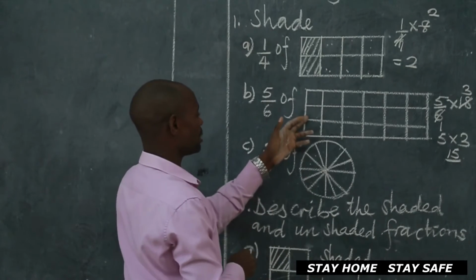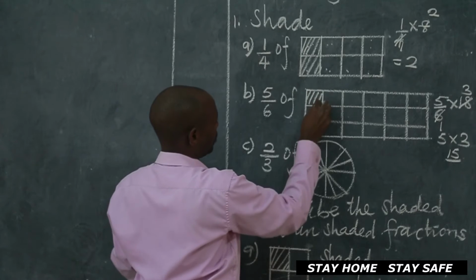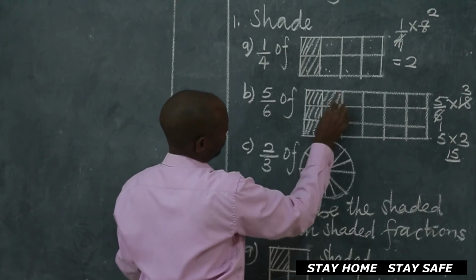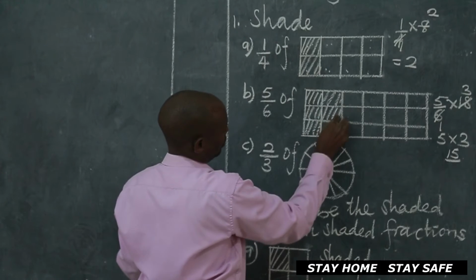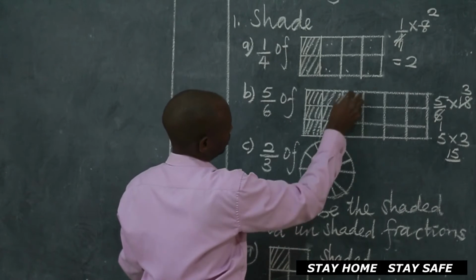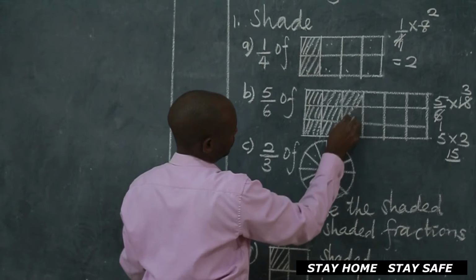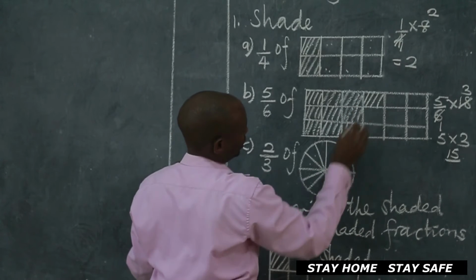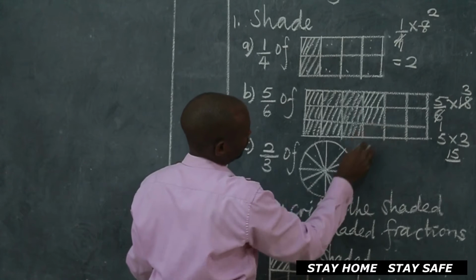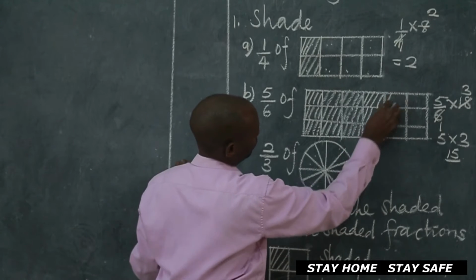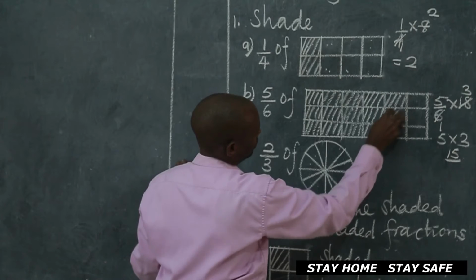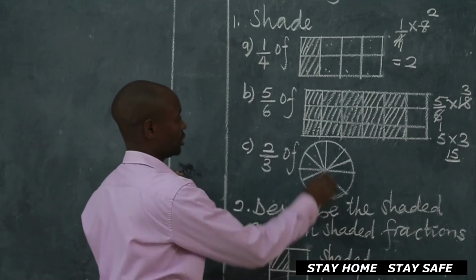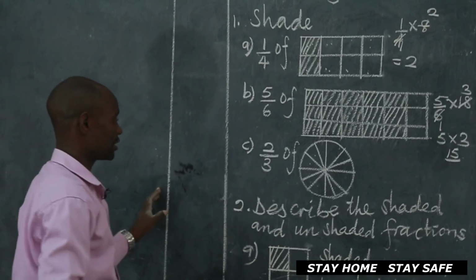Come and shade here 15 parts: 1, 2, 3, 4, 5, 6, 7, 8, 9, 10, 11, 12, 13, 14, 15. Here I have shaded 5 out of 6.